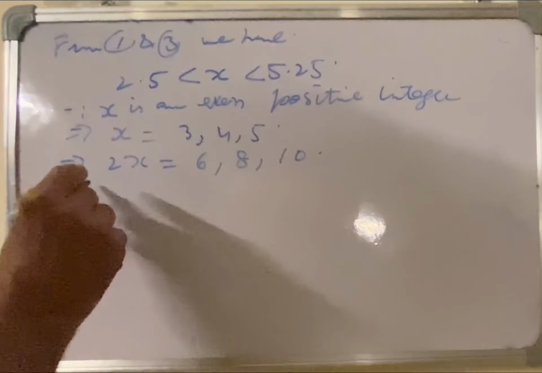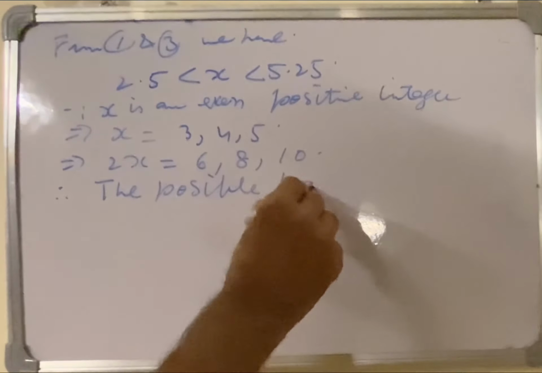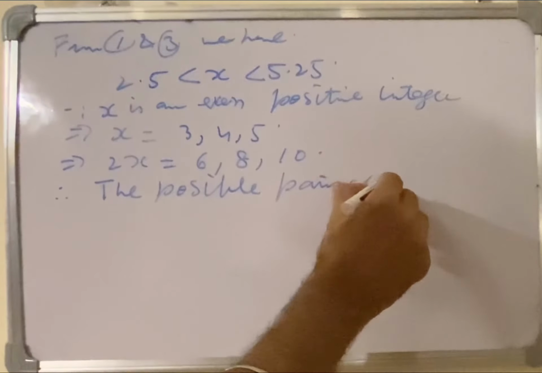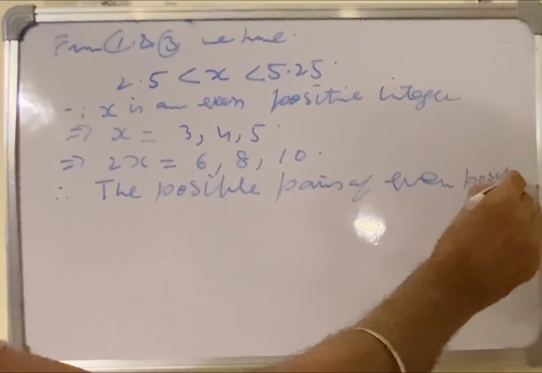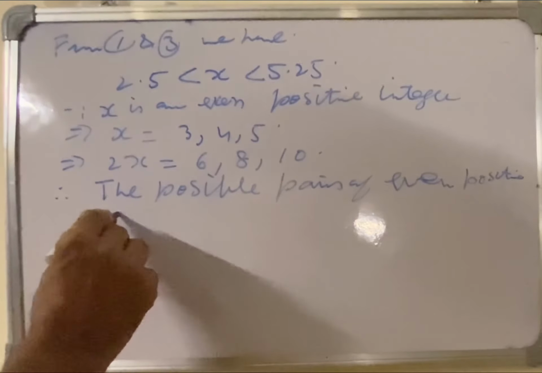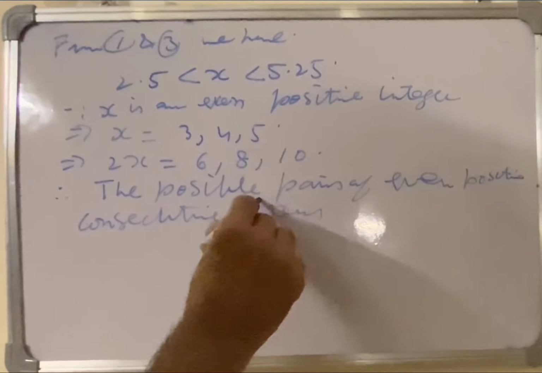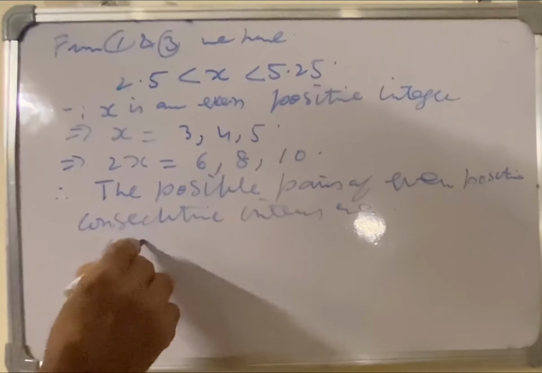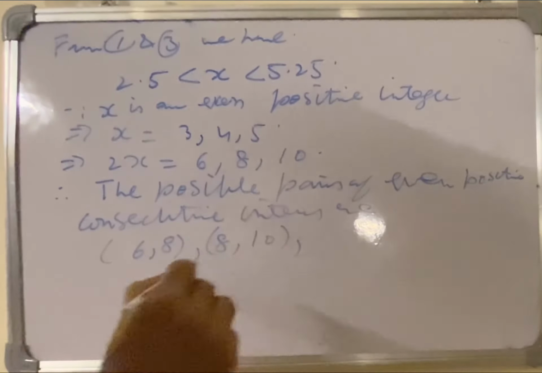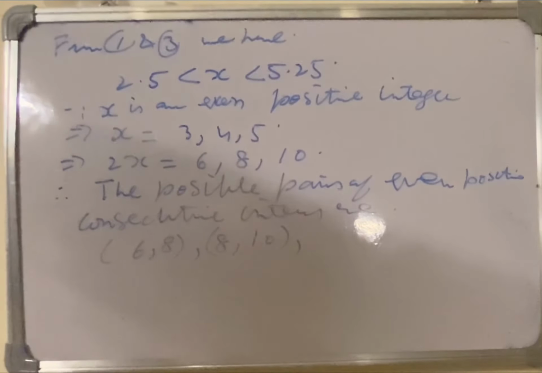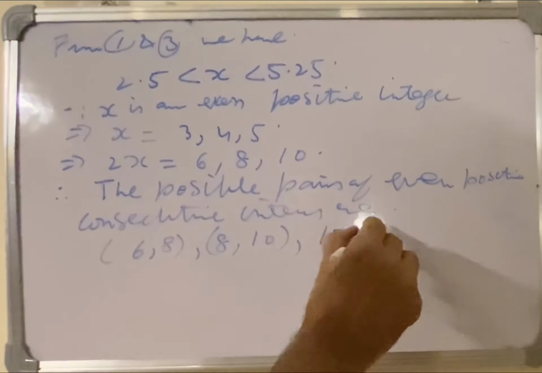Therefore, the possible pairs of even positive consecutive integers are 6, 8; 8, 10; 10, 12.